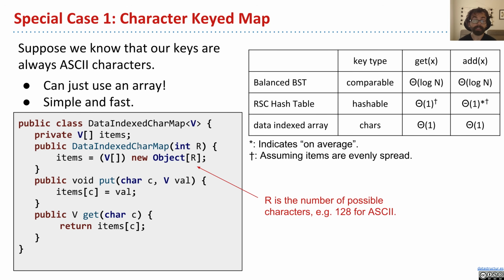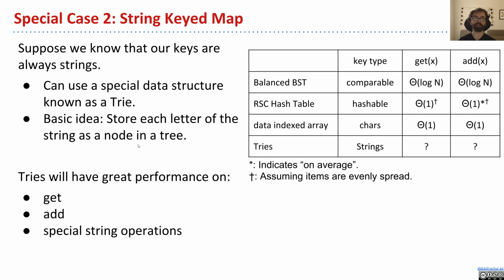So inspired, the special case we're going to consider and that we're going to build on is a map where the keys are strings, or equivalently, a set where the keys are strings. Okay, and so here, tries, their special type is that they take strings, and we're going to come up with the get and add operation as we go.